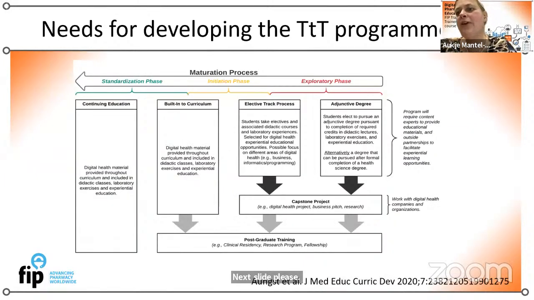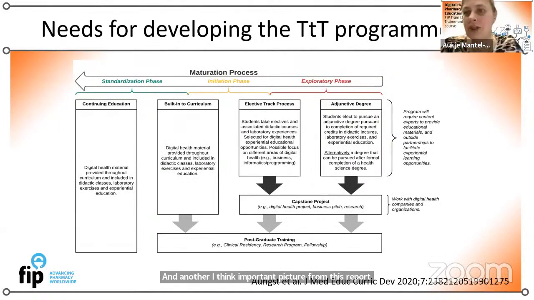And another, I think, important picture from this report was taken from a publication by our colleague Timothy Gangst, is that people might be in different phases. People might be within their school still in the exploratory phase, considering introducing elements or maybe a small course related to digital health.